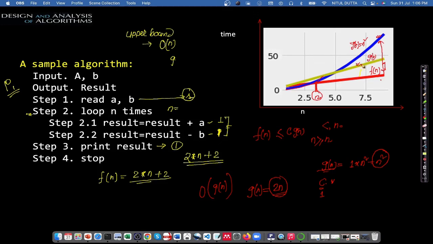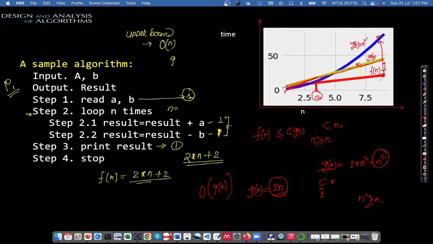This curve may also be considered as the upper bound for the time complexity function denoted by f(n), because after a certain value of n, it will go above f(n).